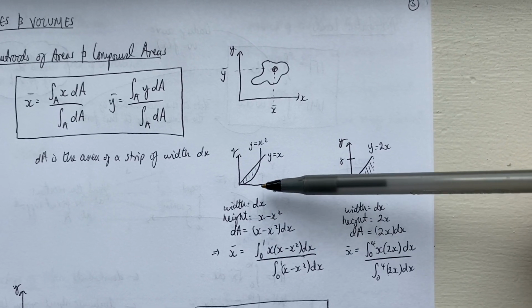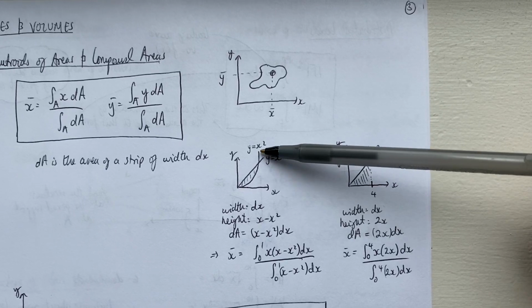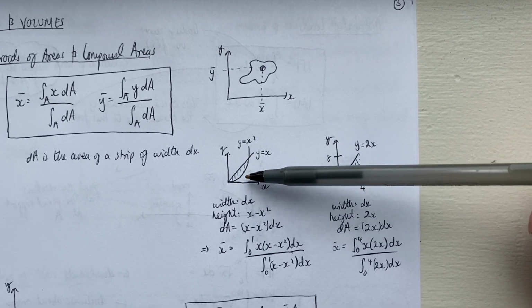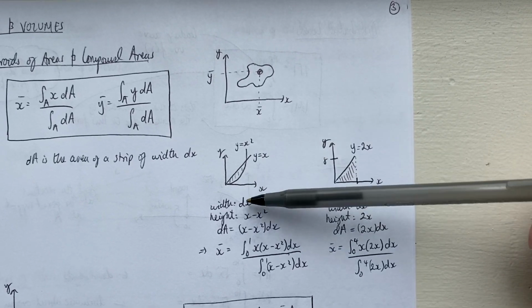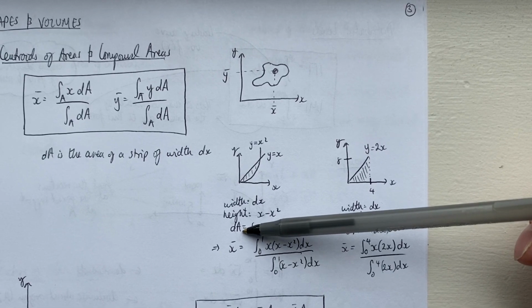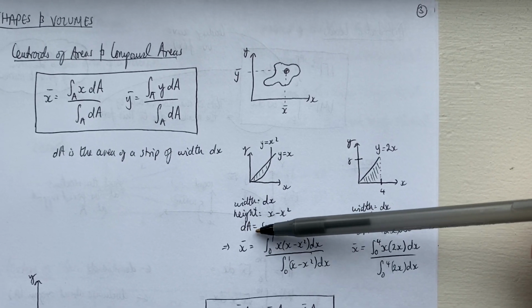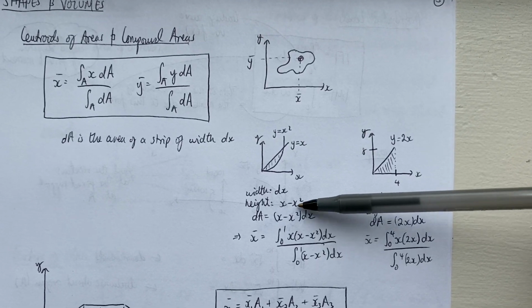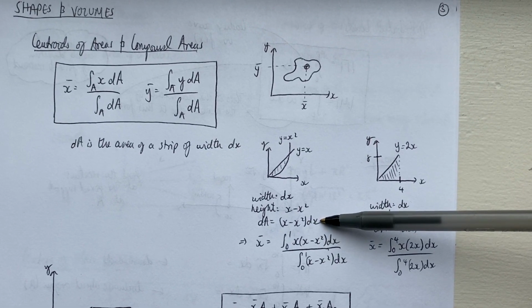The height of those strips is just going to be the difference between the two lines, right? So y equals x is always on the top, so the height is x minus x squared. So then the area of each of those little strips is just the width times the height, right? So that's where I've got this from.